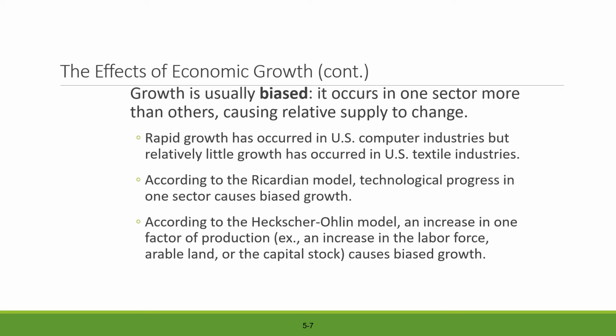So an improvement in land will cause a biased increase in the agriculture sector, whereas an improvement in capital, or an improvement in technology, will cause a biased increase in the electronics or the capital market. So basically, the growth is biased.